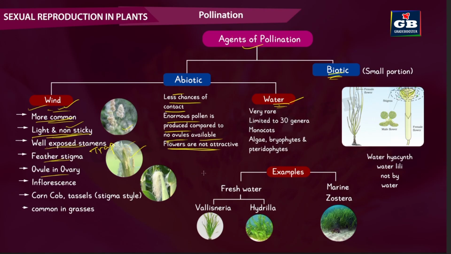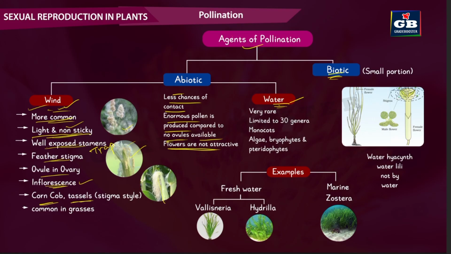And most of these flowers will have only one ovule in the ovary, and they'll have inflorescence. Most of the flowers in which the pollination is done by wind have inflorescence, a bunch of flowers. Examples are corn cobs and the tassels of the corn cobs.